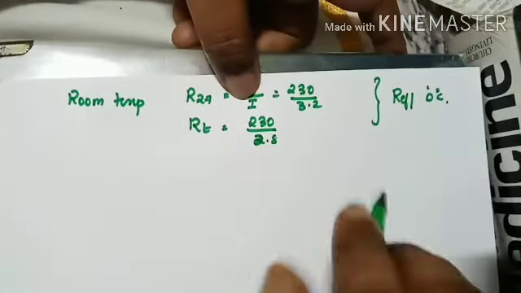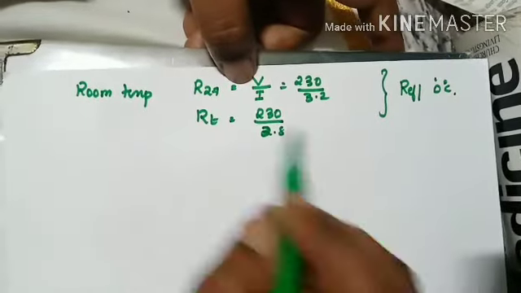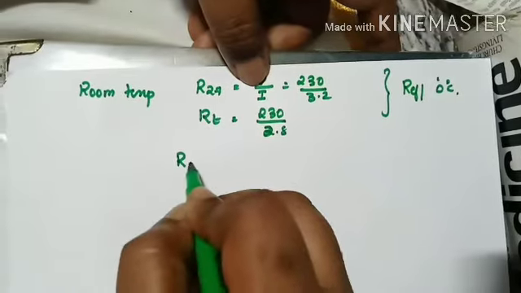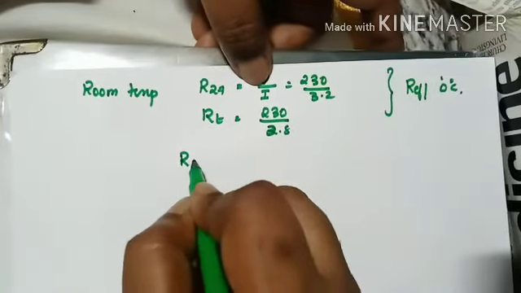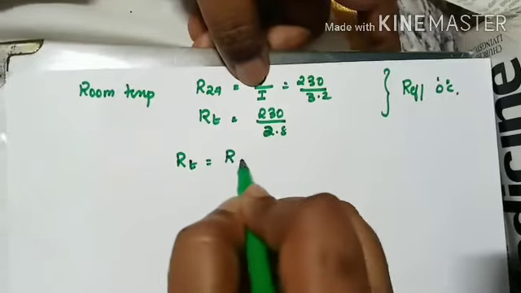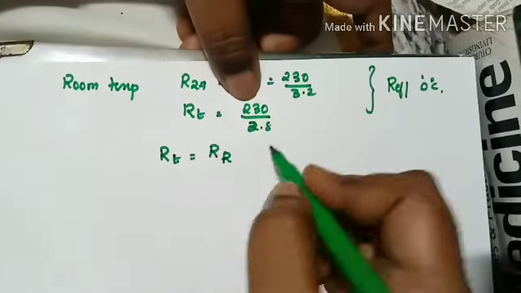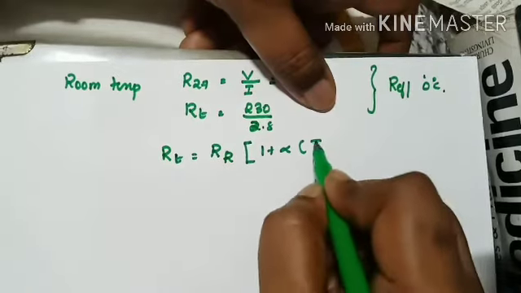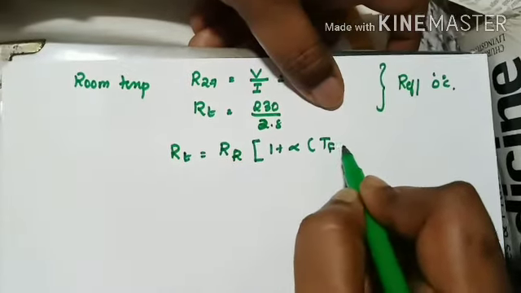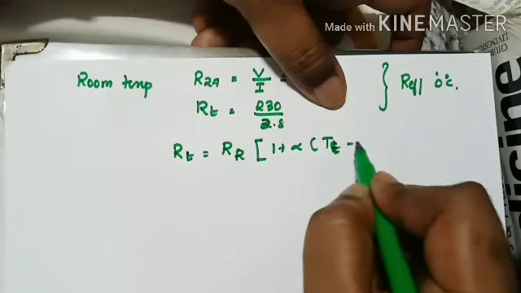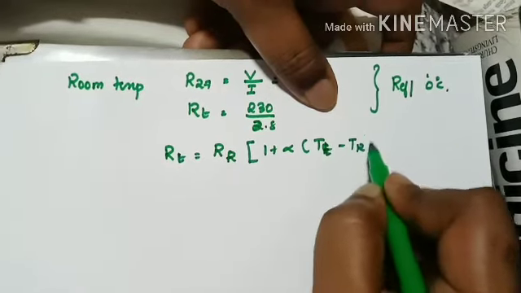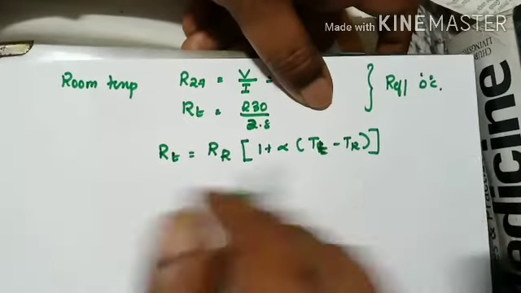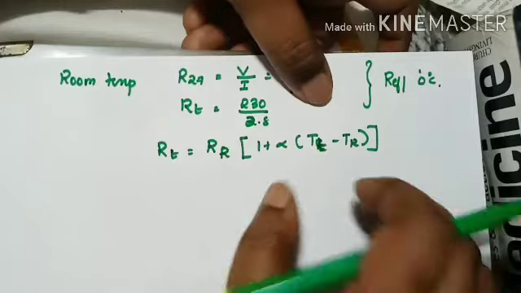So I can build two equations with respect to 27 as well as with respect to temperature T. I will write it down, then you will understand. What is the basic equation? Resistance at any temperature is equal to resistance at a reference into 1 plus alpha, coefficient of temperature, into T minus T reference. This is the basic equation. I hope you remember the basic equation representing the relation between resistance and temperature.